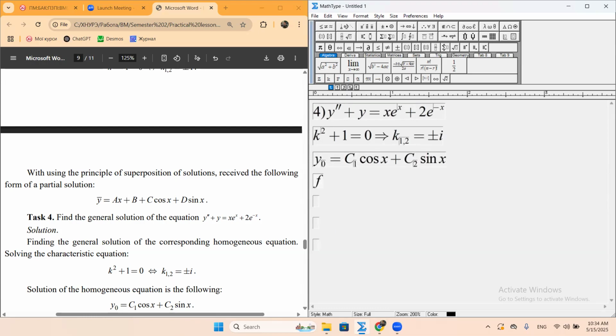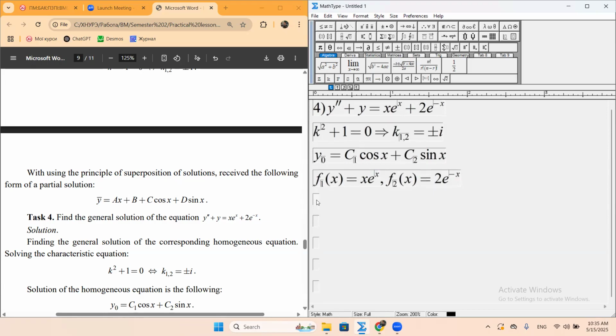And now, looking at the right part, f1 of x will be equal to x e to the power of x, and f2 of x equals 2e to the power of minus x. The control number of f1 equals 1, and the control number of f2 equals minus 1. Both of them are not roots of the characteristic equation.